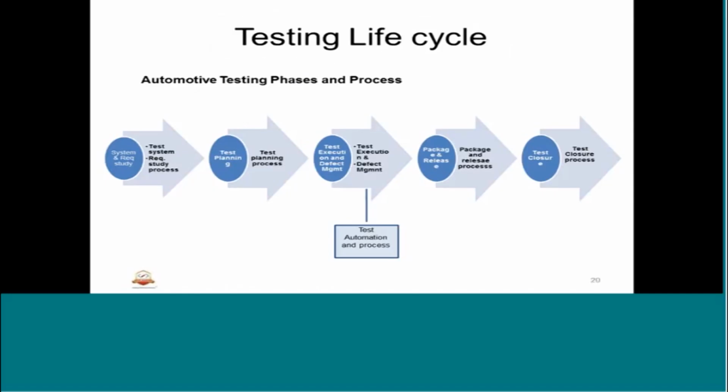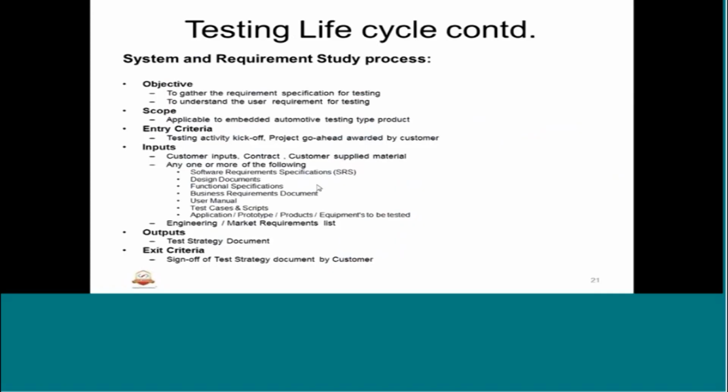So the testing life cycle we studied, taking an example of automotive testing: system requirement study, test planning, test execution, and defect management, which also involves test automation, package and release, then the test conclusion or test closure. So each one of these 5 phases has its own process. Each of them we studied about its objective, scope, entry, inputs, outputs, and exit.